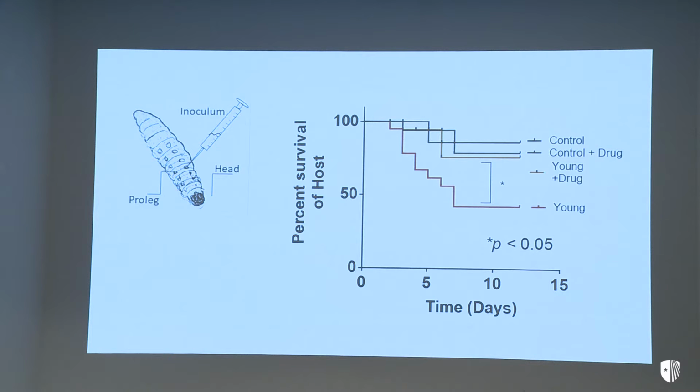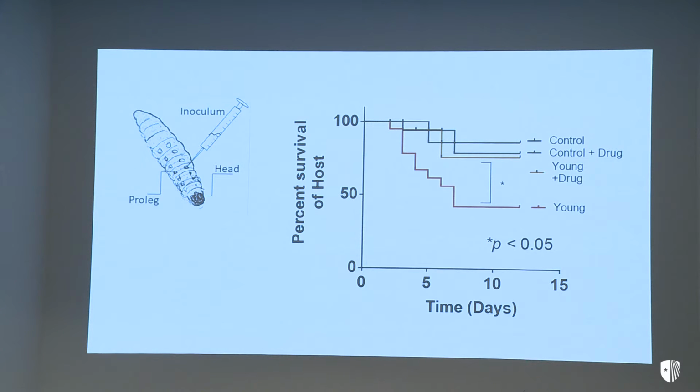So what you see over here, the y-axis determines the percent survival of the host over the period of the experiment. And right now I am showing the group of hosts which were infected with the younger population of cells. And as you can see over here, the red line goes down.